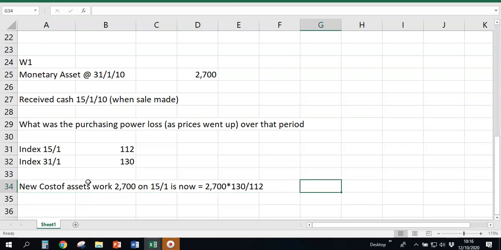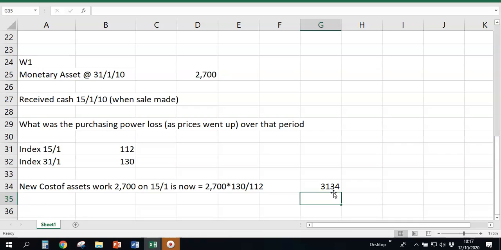If I had an asset on the 15th of January, I could have bought it for 27. But now in the intervening period, prices have gone up.